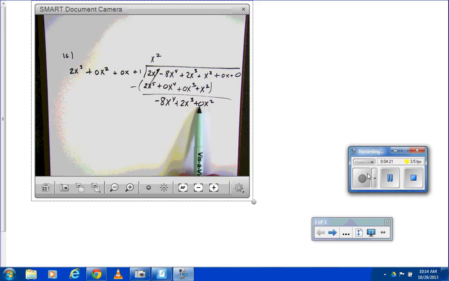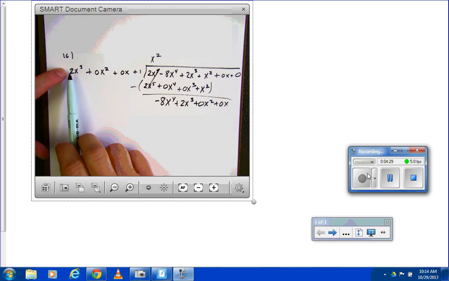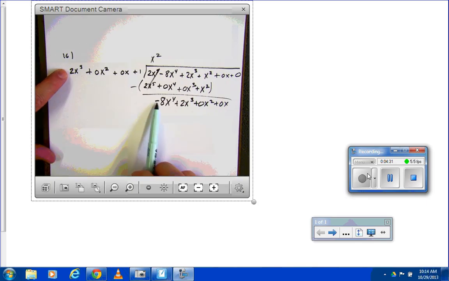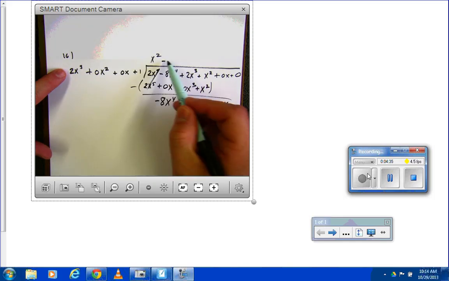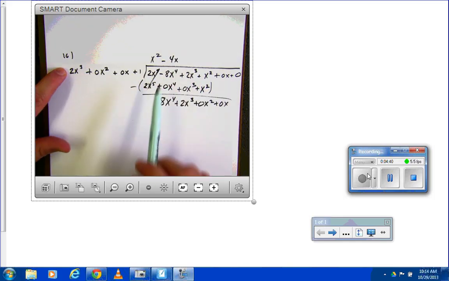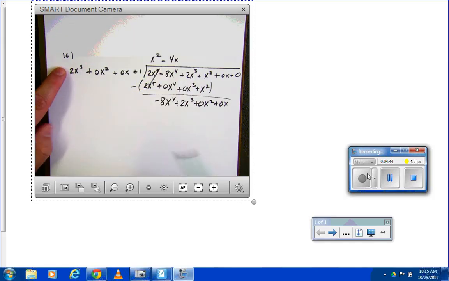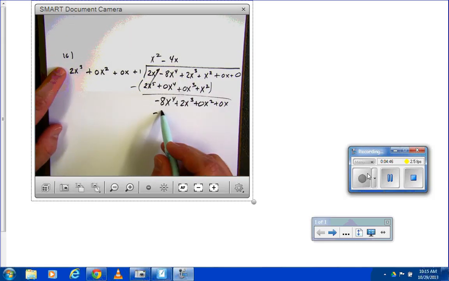Now, what from here? Bring down the next one, which is just a 0x. Now let's start over. What can I multiply by 2x cubed here to get negative 8x to the 4th? Negative 4x. So here we go. Negative 4x times 2x cubed would be negative 8x to the 4th.